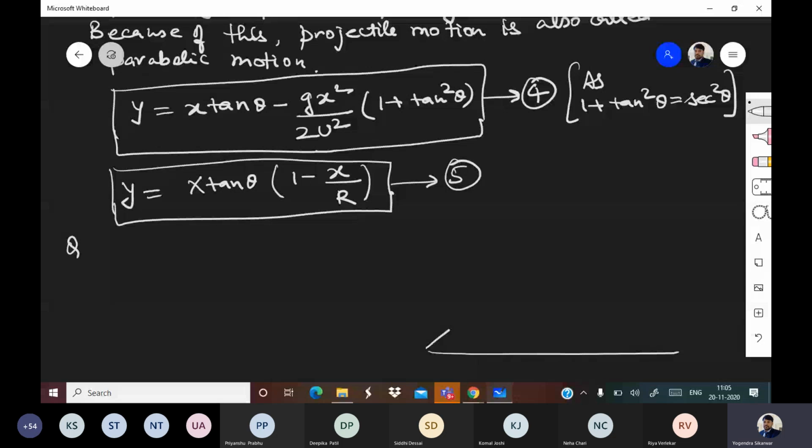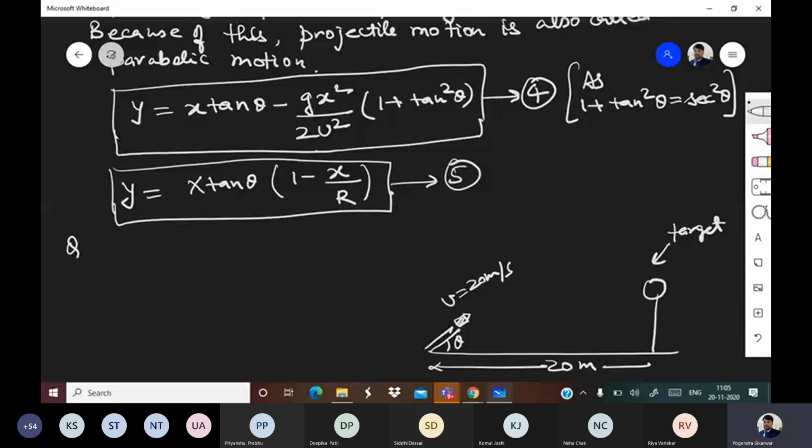There is a point from here a bullet is being fired. U is equal to 20 meters per second. Angle is theta. Then there is some target. This distance is 20 meter. This height is 10 meter.